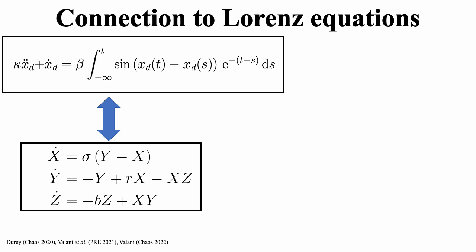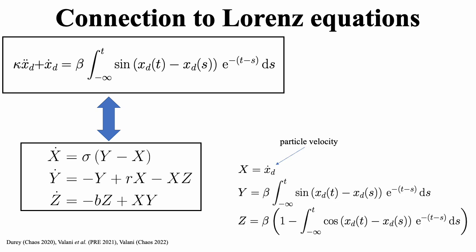And the connection here, or the mapping between the two equations, is as follows. So the capital X variable in the Lorenz equation maps to the velocity of the droplet or the particle. The capital Y variable in the Lorenz system is this wave memory force on the right hand side of the droplet's equation, and the capital Z variable is related to the height of the waves at the location of the droplet.